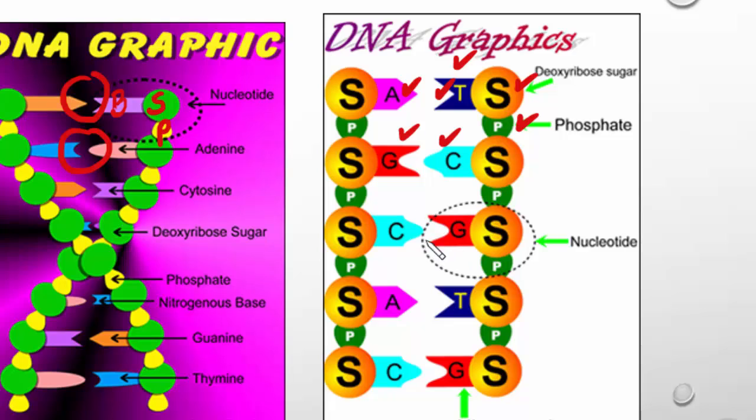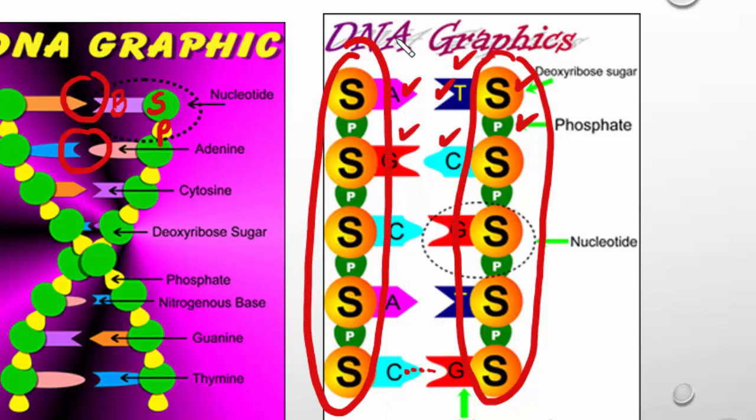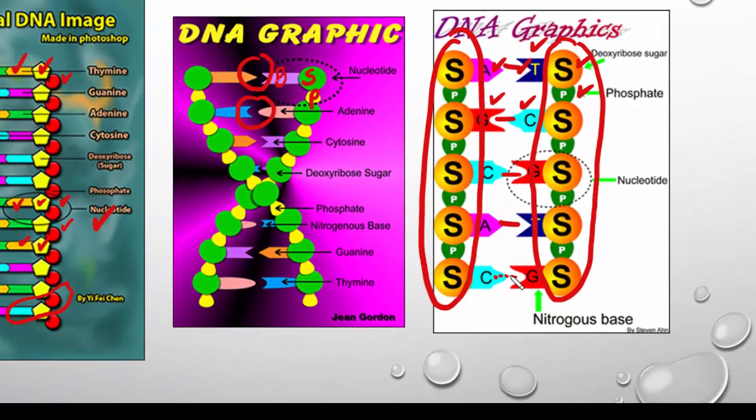What holds these together are hydrogen bonds, and they're not illustrated here, but they would be drawn as dots or a dotted line here, as opposed to the covalent bonds, which hold everything else together. For example, in the sugar phosphate backbone, which would be over here, and another sugar phosphate backbone over here, those are all covalent bonds, but the bases are held together here, not by solid lines as I'm drawing, but by dotted lines, which represent hydrogen bonds.